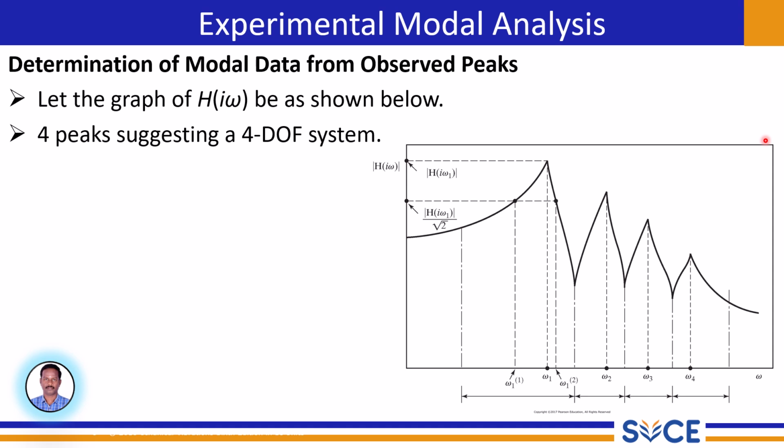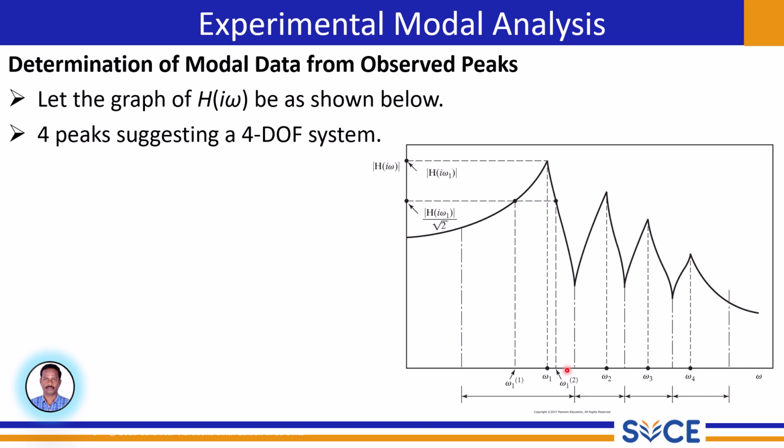The next step is to identify the damping ratio by using the half power bandwidth method. The peak magnitude is denoted as H of omega 1. To find the damping ratio, we have to look for two frequencies, omega 1 and omega 2, on either side of the H of omega 1.